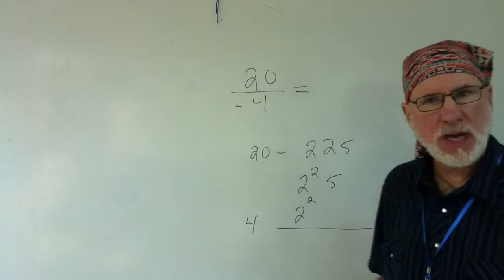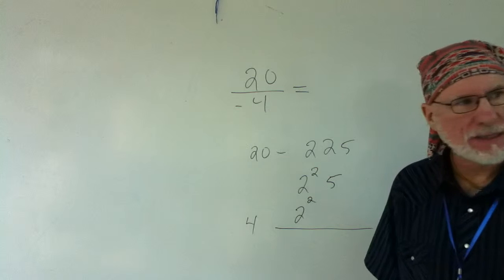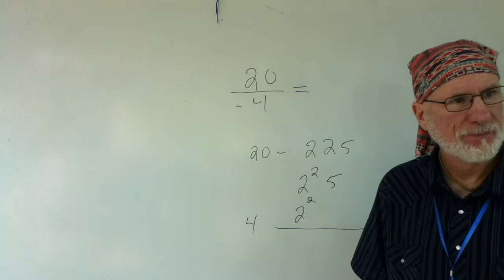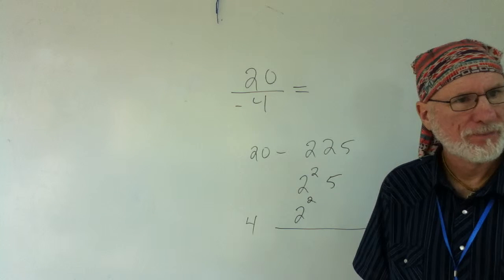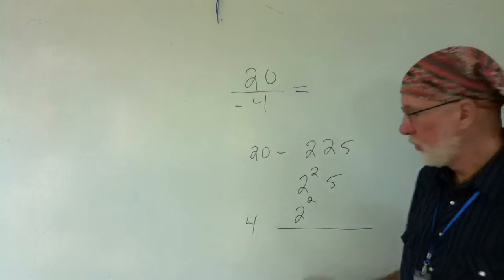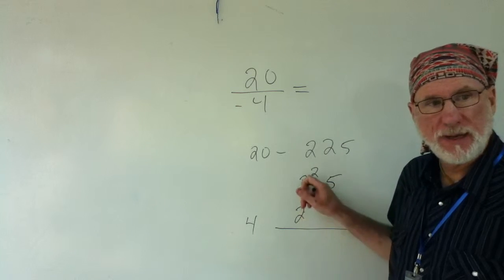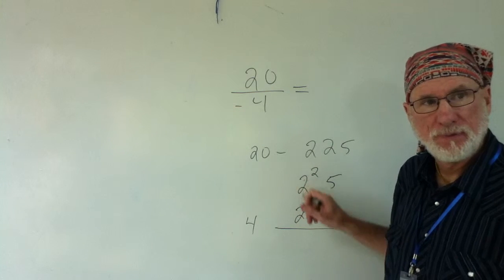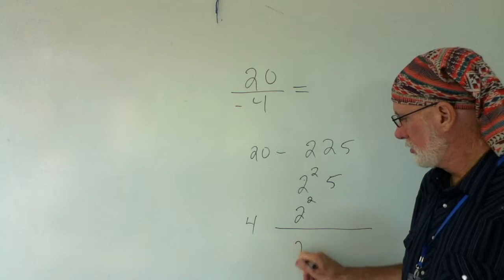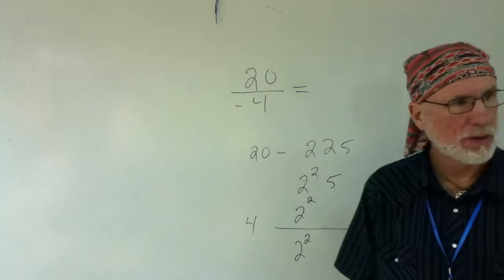So what's common? What's the greatest common factor with both? The highest common factor? 4 is the highest common factor. So it's going to be 2 squared, which is 4.